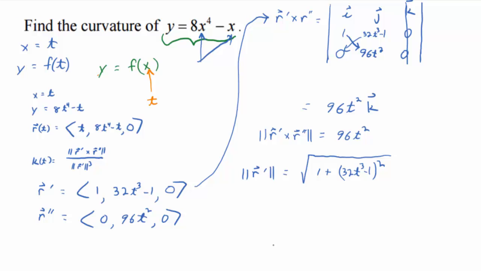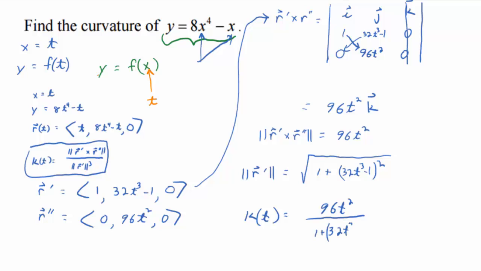And then we can set up that ratio now, right? So k of t would be 96t squared over 1 plus the quantity 32t cubed minus 1 squared, and then what do I raise that quantity to? Yeah, the whole thing to the 3/2 is a nice way to write it.